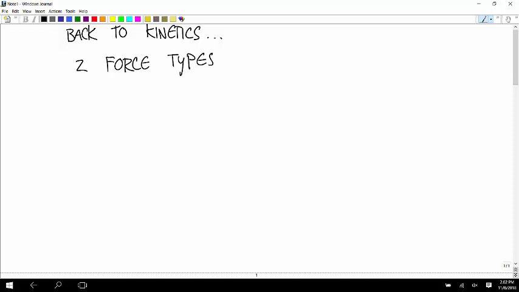And there are two types of forces. It's split up into, first is the weight, and second is contact forces.